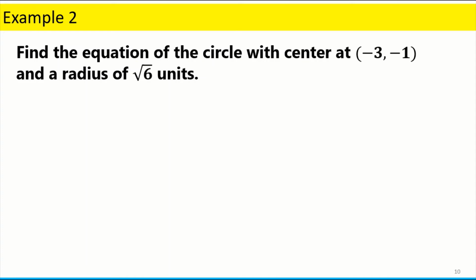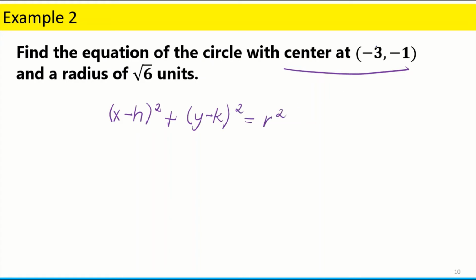Since the center is at (-3, -1), we are going to use the first formula that I gave: (x - h)² + (y - k)² = r². Here, the value of h is -3 and the value of k is -1.